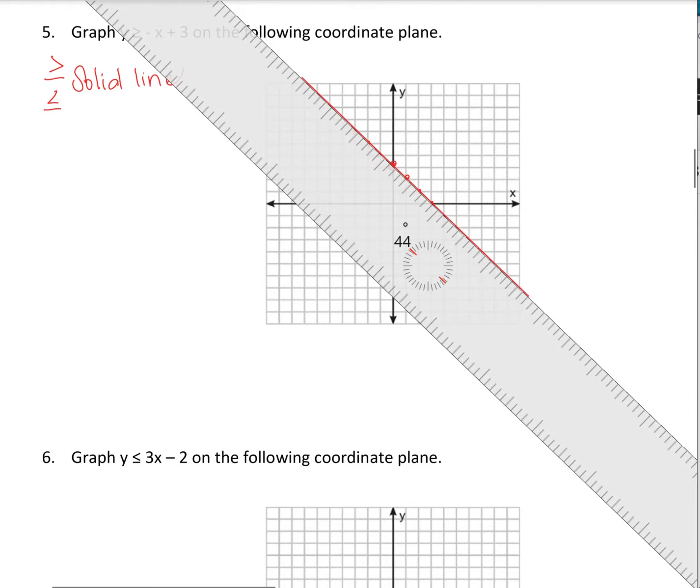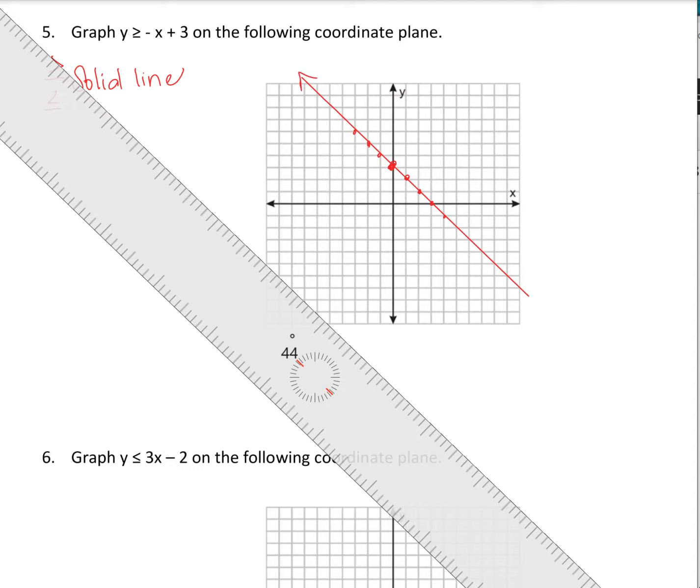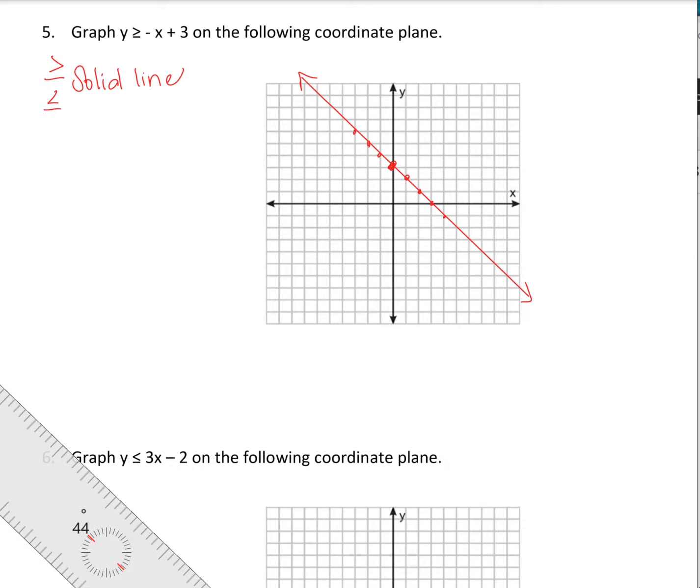Draw your line. Remember, add your arrows. And it's everything that is greater than or equal to negative x plus 3, which means it's going to be everything that is above my line.